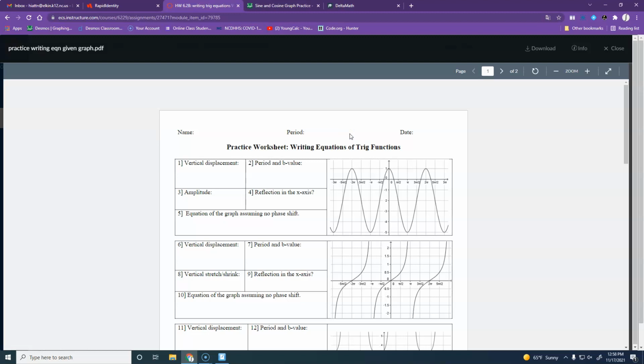I tell you what, because I'm running out of time, the worksheet is posted on Canvas. You guys just write it down on paper. The only thing I have to have for each graph is just the equation. Let me show you up here.